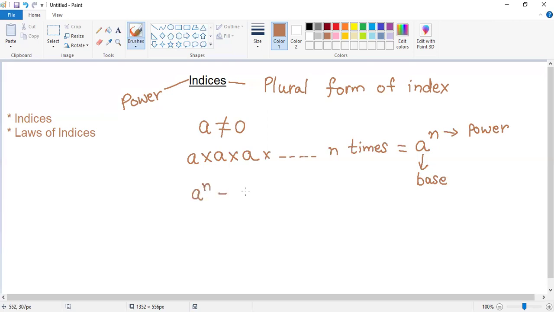We can also write it as a raised to the power n, or the power, whatever you say. So a to the power n, you can write as a raised to the power n.